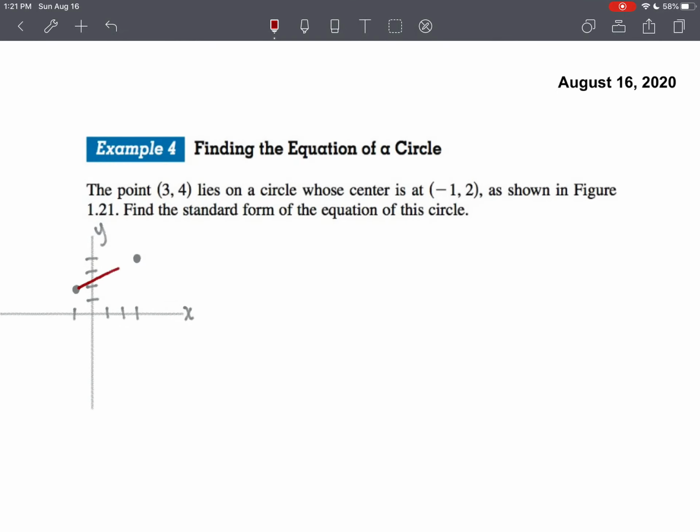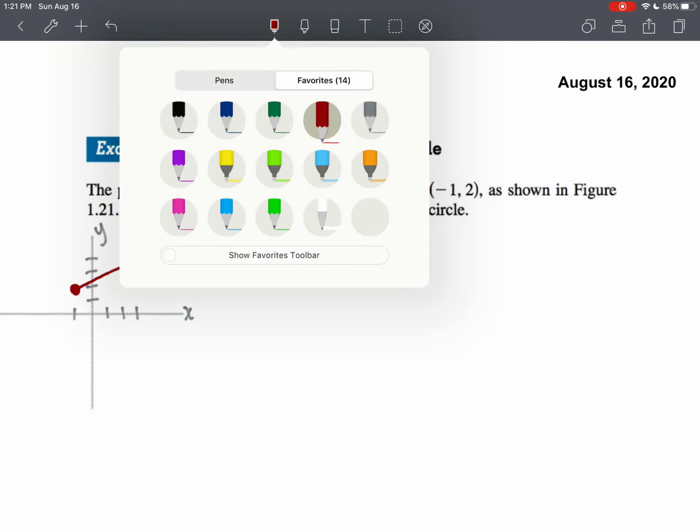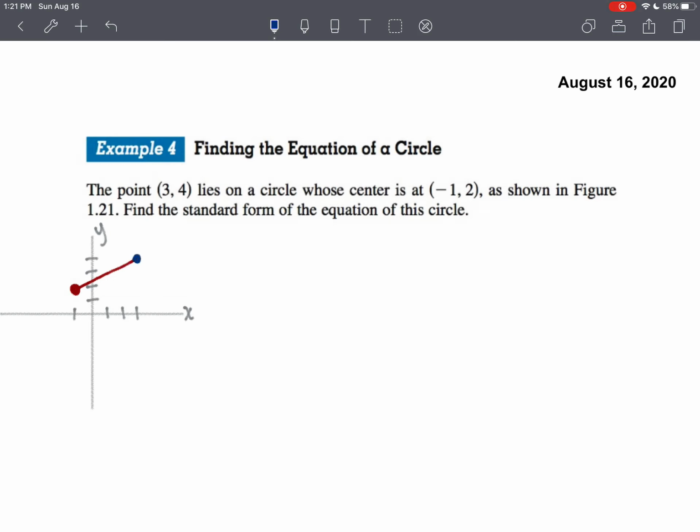So this right here is the center, and this is a point that just happens to be on the circle. So the circle is going to pass through that point. It's going to look something like that. A little flat there on top, but not too bad.